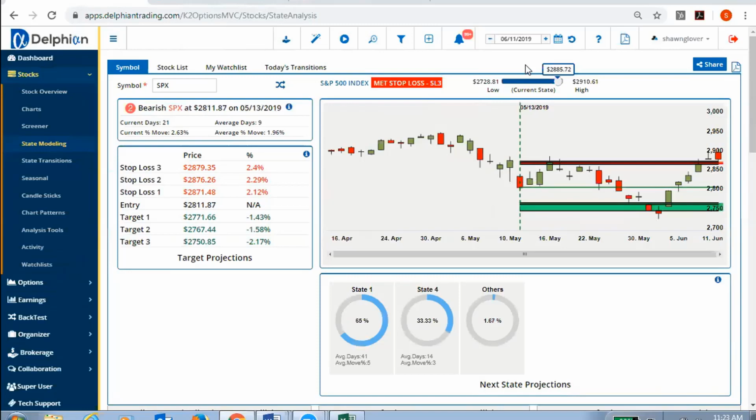Most of our studies, we're looking for when it hits that target down here and then it'll bounce off. That's the majority of our studies. So when we see SPX get to that, we know this is an inflection point.